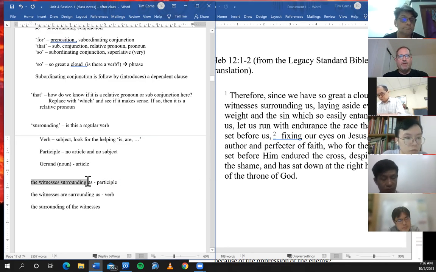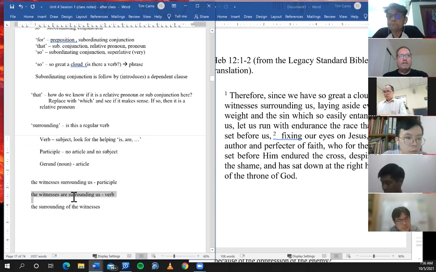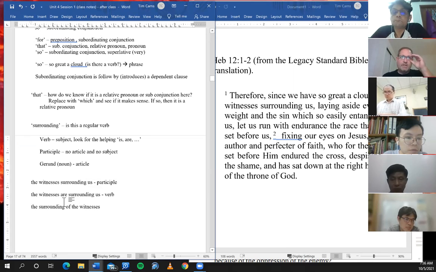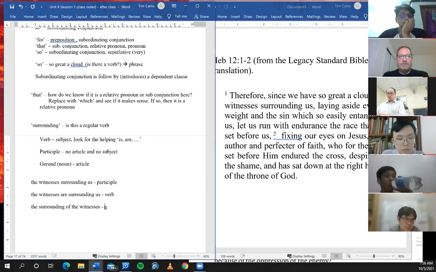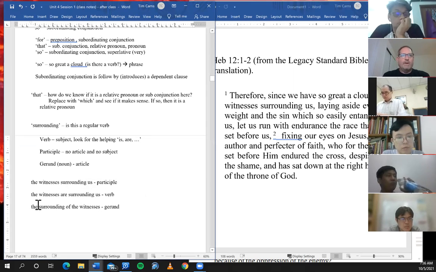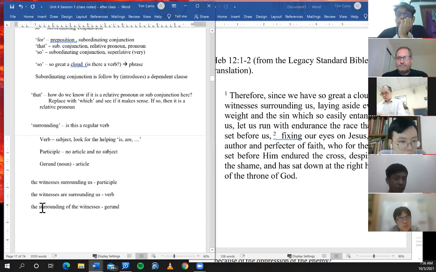In the first one, they're just being described. Which witnesses? The ones surrounding us. The second sentence is actually saying the witnesses are surrounding us. So they're doing the action. In this third example, notice the article the in front of surrounding. This is a gerund. Now the surrounding is a noun.